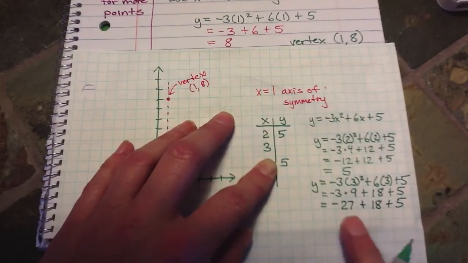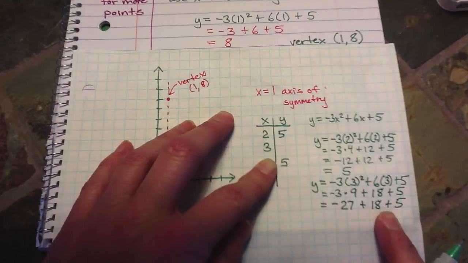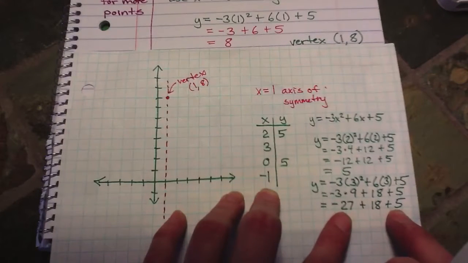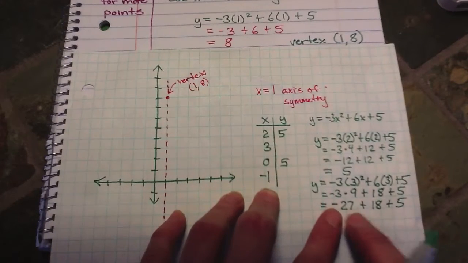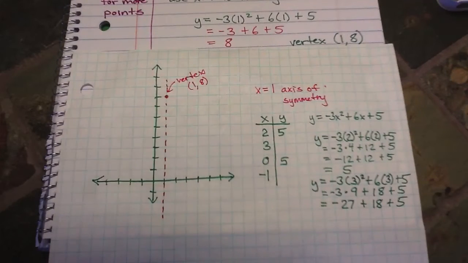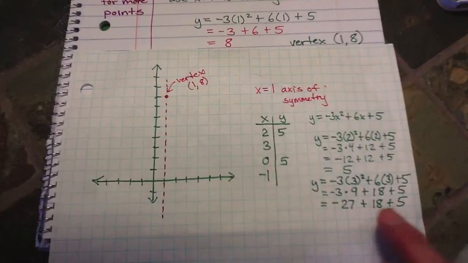It's up to you how you want to combine those numbers. Just make sure that you do that correctly. You can take 18 plus 5, or you can take -27 plus 18. It's easier for me to say 18 plus 5 because then I just have my positives combined.